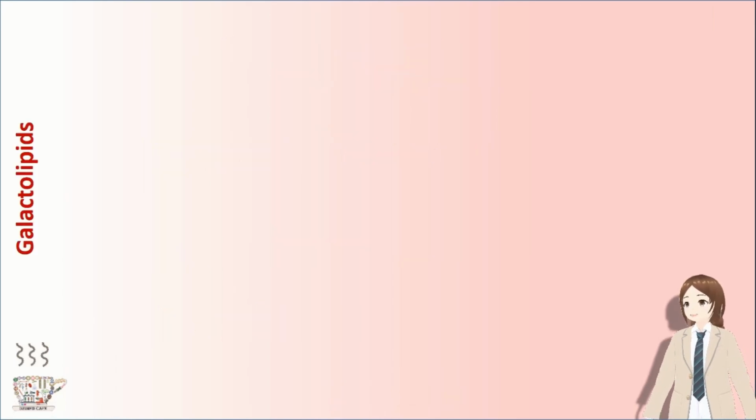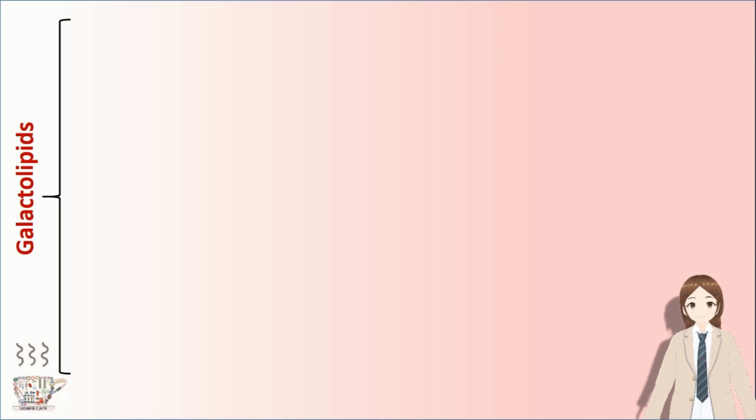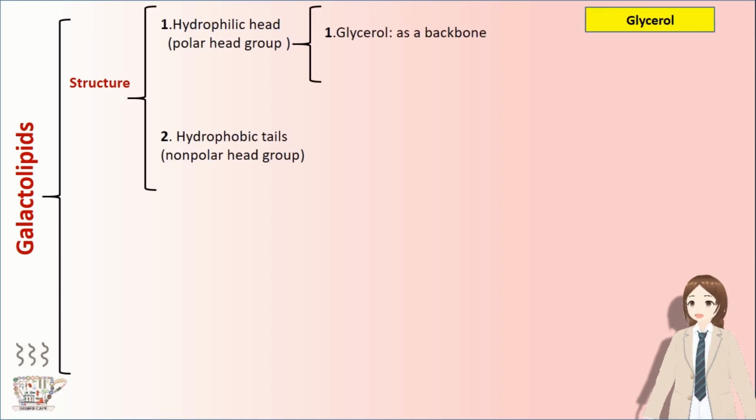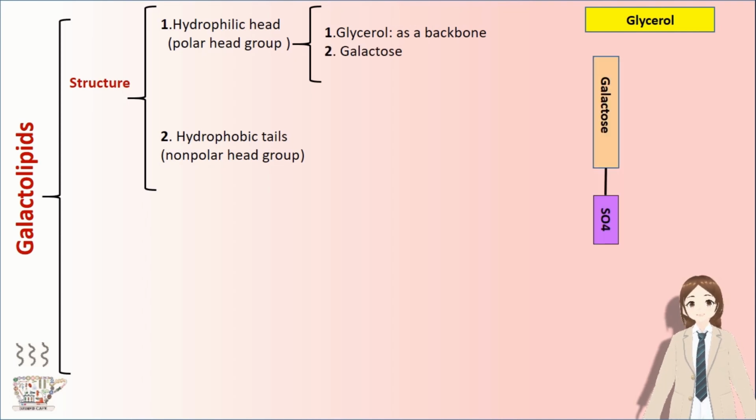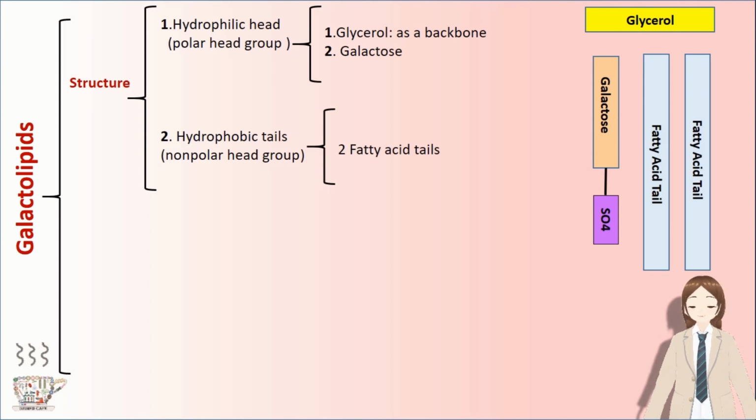The second subgroup of glycolipids is galactolipids. Unlike glycophospholipids, galactolipids have glycerol as a backbone. Glycerol and galactose make hydrophilic head, and two fatty acid tails make nonpolar head group.